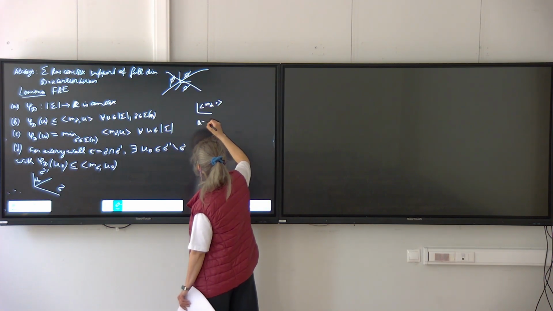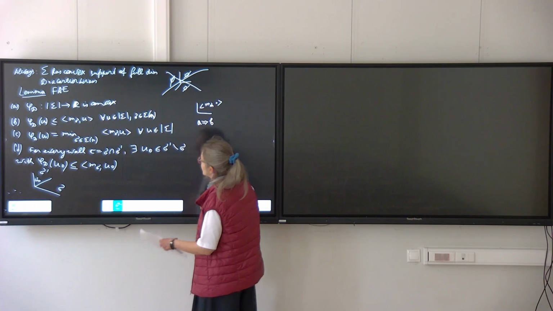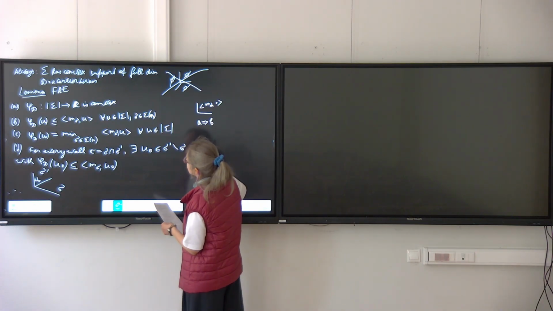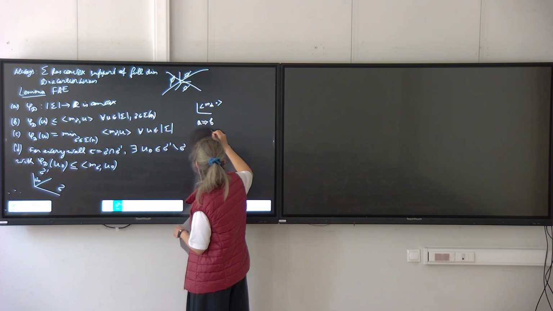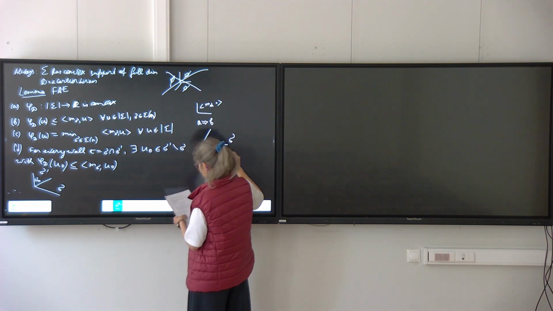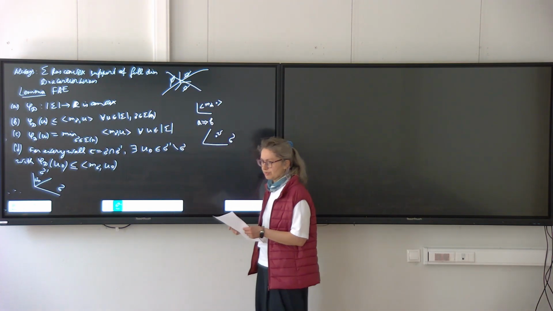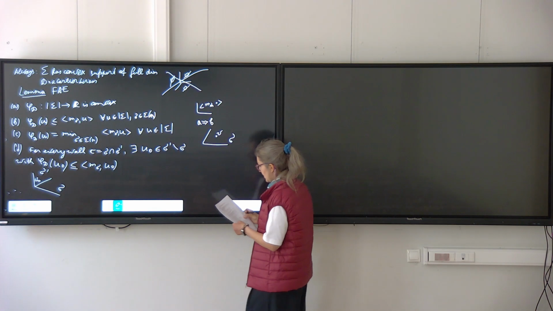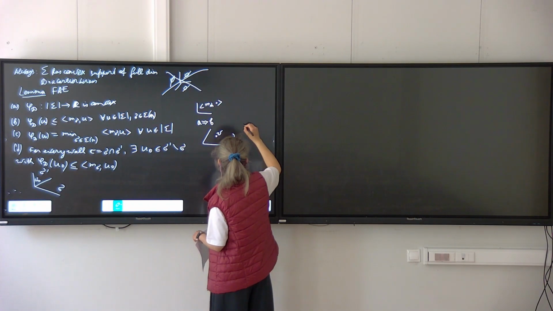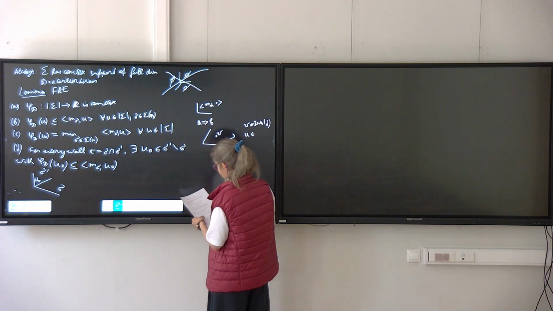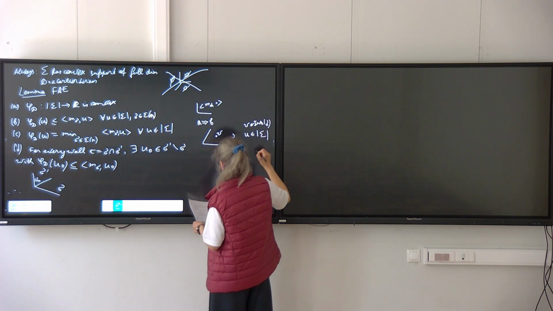First, why A implies B? Take sigma and find some vector v in the interior of this cone. Okay? And take any u from our fan.